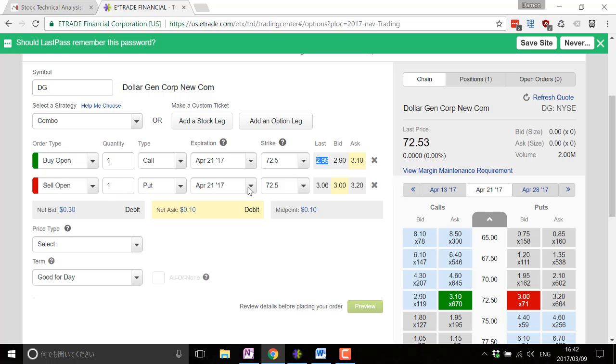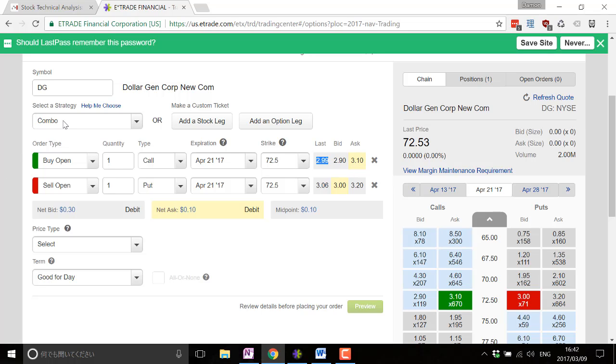The last time this one traded was traded at $305. Because we're buying this one and we're selling this one, they cancel out, and essentially you open this position for free. So it costs you nothing to open this position, and as soon as you open the position, you're now long 100 shares of Dollar General. So you've gone long for free.